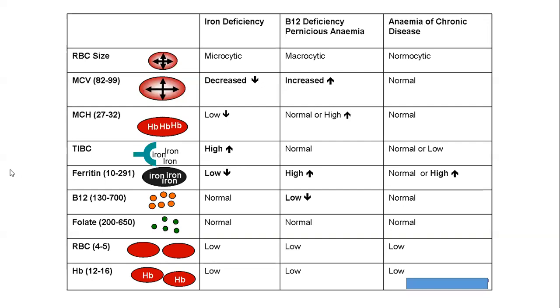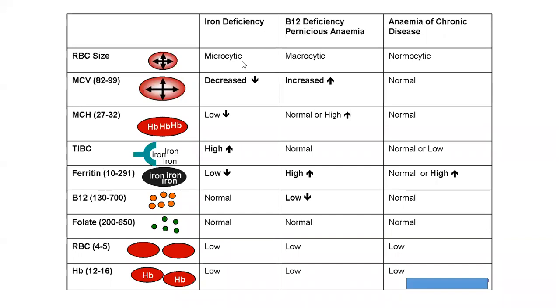Let me tell you one more time. TIBC is total iron binding capacity, and the TIBC test basically measures the blood's ability to attach itself to iron and transport it around the body. The transferrin test is similar. If you have iron deficiency, a lack of iron in the body, your iron level will be low, but TIBC will be higher.